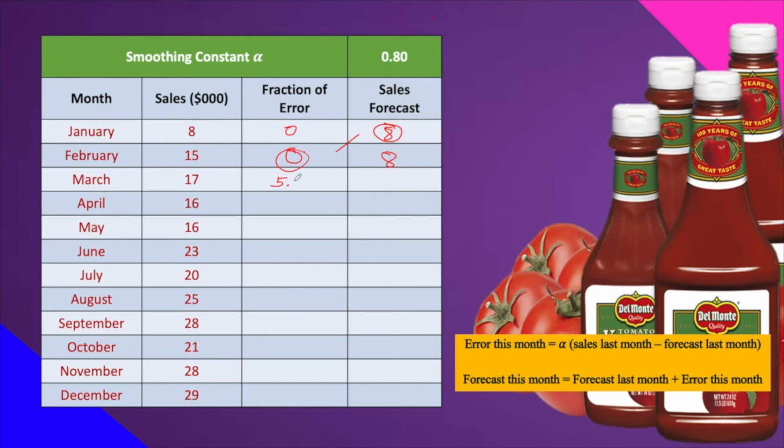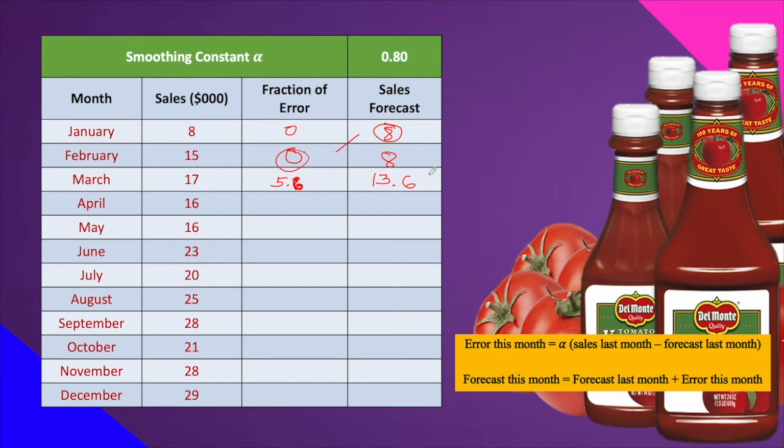Okay, so 5.6 plus 8, this is 13.6. Okay, this will be our sales forecast for the month of March. Ibig kong sabihin, ang forecast natin 13.6, pero after nung end ng month na, sa dulo ng March na, ang naging actual sales nila is 17. So, medyo malayo yung forecast.